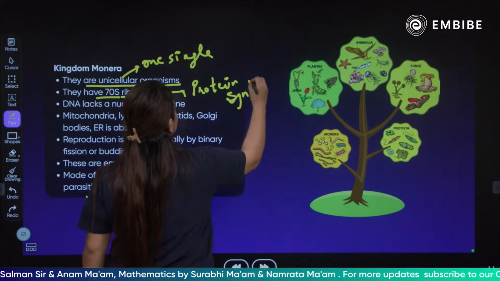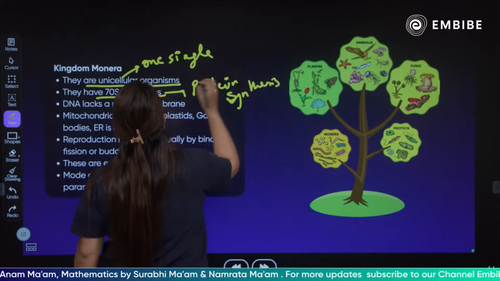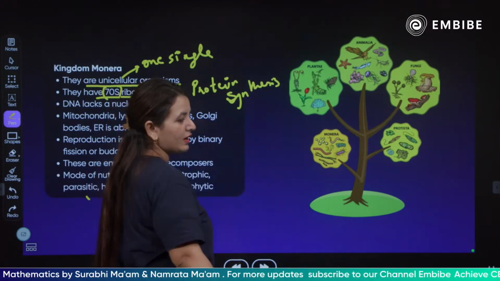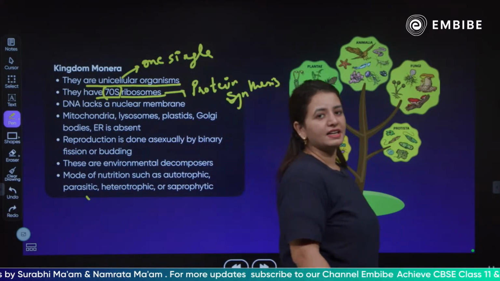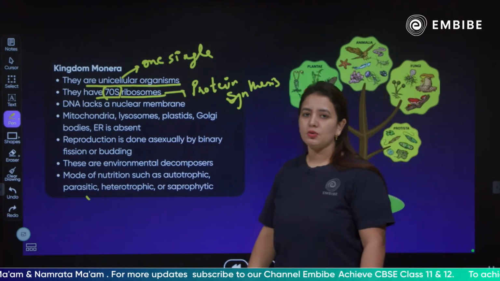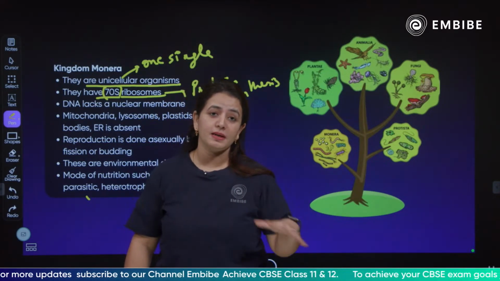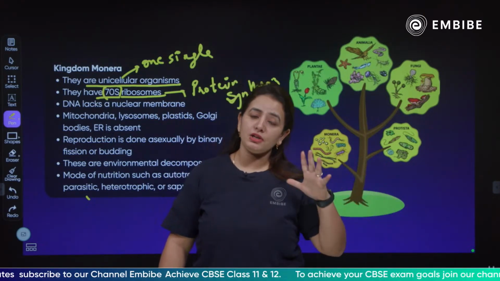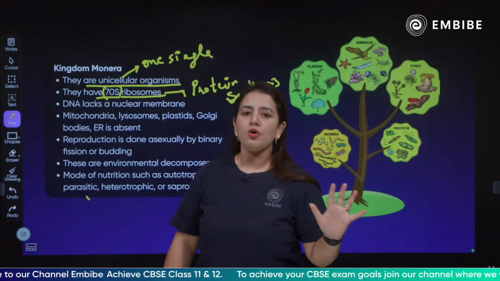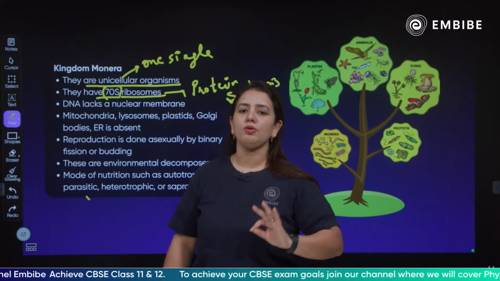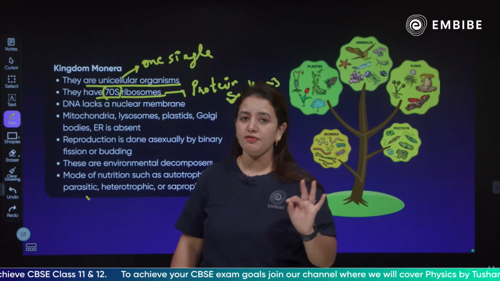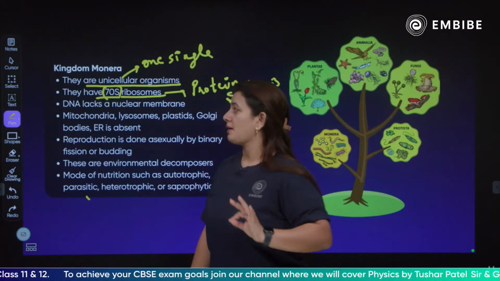The ribosome used for protein synthesis is 70S. You will have a detailed explanation of the ribosome in your cell structure and function chapter. Right now, for you to remember only this: these Monerans have 70S ribosomes.